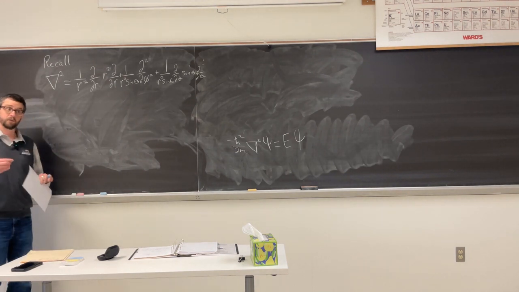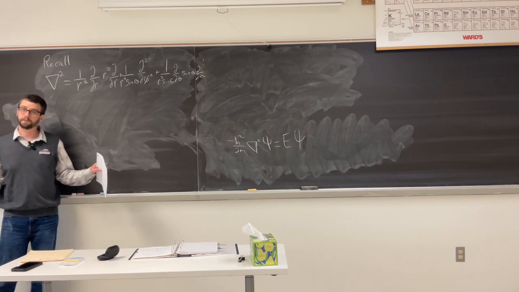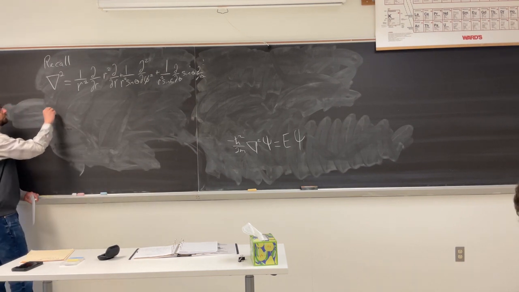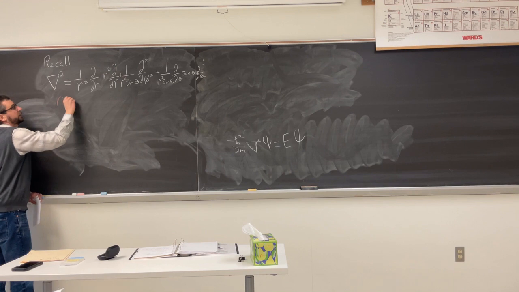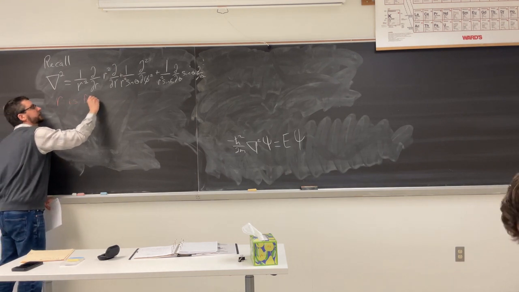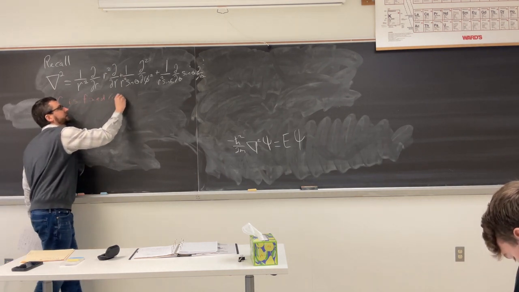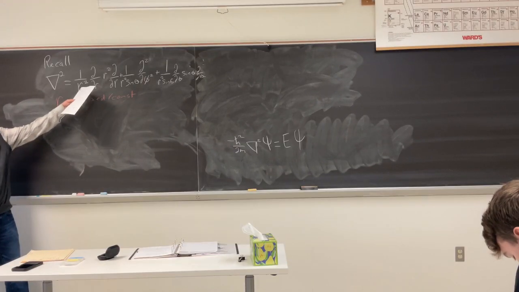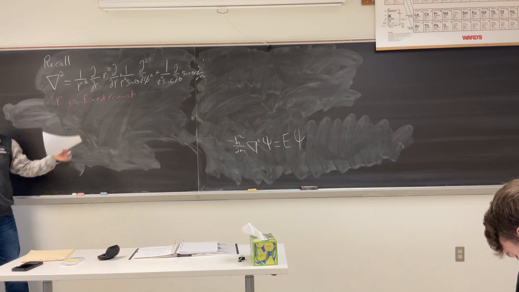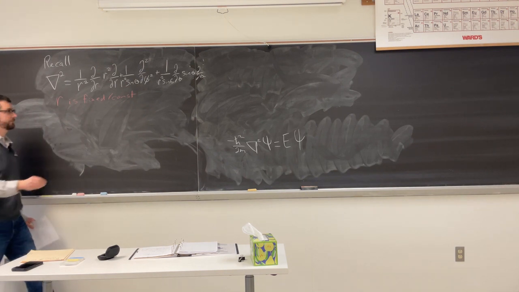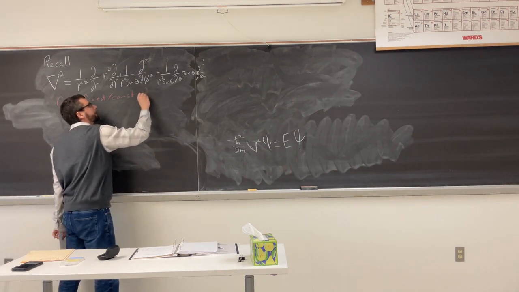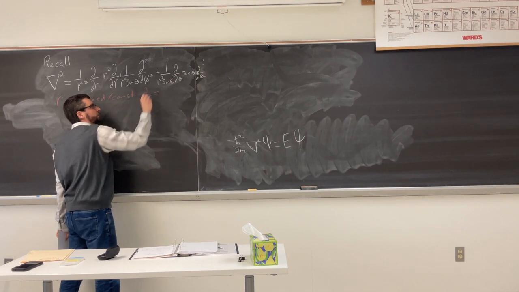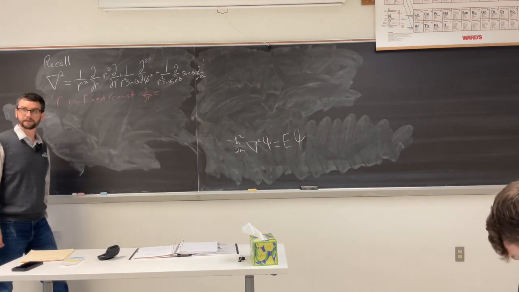Is there anything that we're fixing in our system? Yeah, R is fixed, constant. What does that mean for any of the stuff in here? Yep, because what's the value of it if it's constant? Yeah.